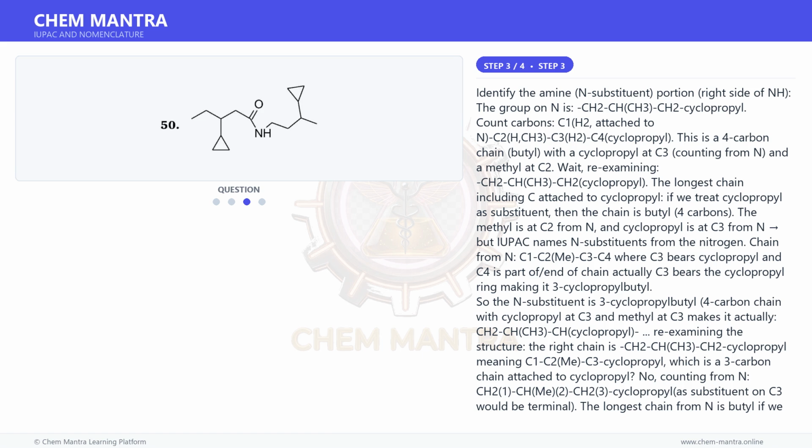Wait, re-examining CH2, CH, CH3, CH2, cyclopropyl. The longest chain including the C attached to cyclopropyl. If we treat cyclopropyl as a substituent, then the chain is butyl, 4 carbons. The methyl is at C2 from N, and cyclopropyl is at C3 from N, but IUPAC names N substituents from the nitrogen. Chain from N: C1, C2 with Me, C3, C4, where C3 bears cyclopropyl and C4 is part of the end of the chain.